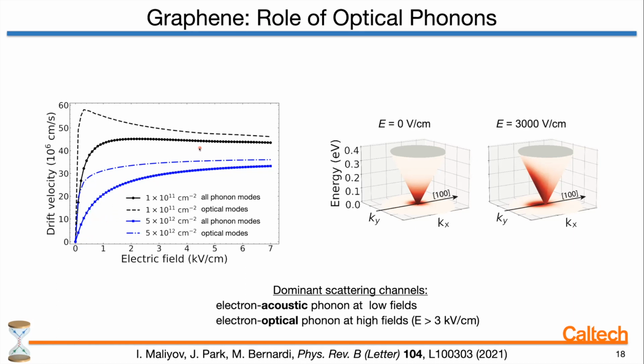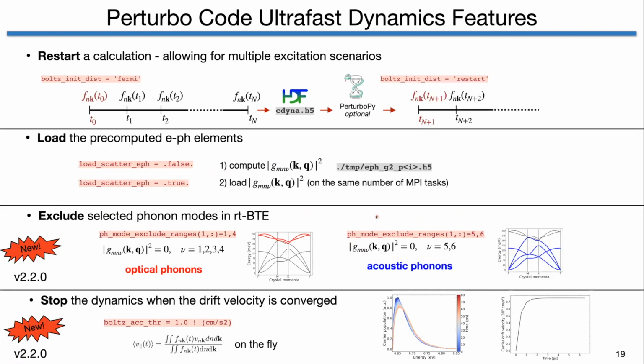However, when we reach saturation, we can see here that the drift velocity with all phonon modes and with the optical modes only are almost the same, meaning that the electron-optical phonon interactions at high fields are the leading contribution. You can see this dashed line corresponds to the optical modes only, while the solid line corresponds to all phonons.